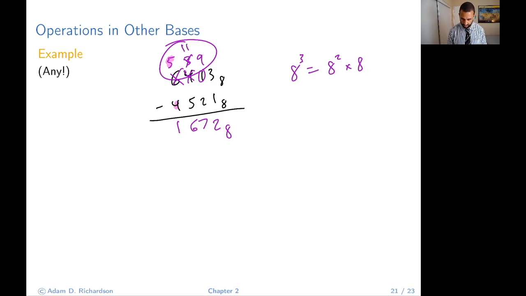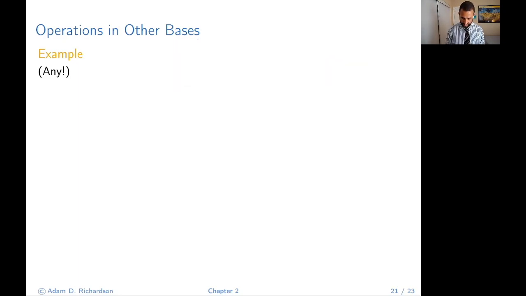Okay, let's do one more example. What's a good base? How about base 5? Why not? In base 5, I want a pretty big number in the front: 4, 2, 1, 3, 1, 3, 2.